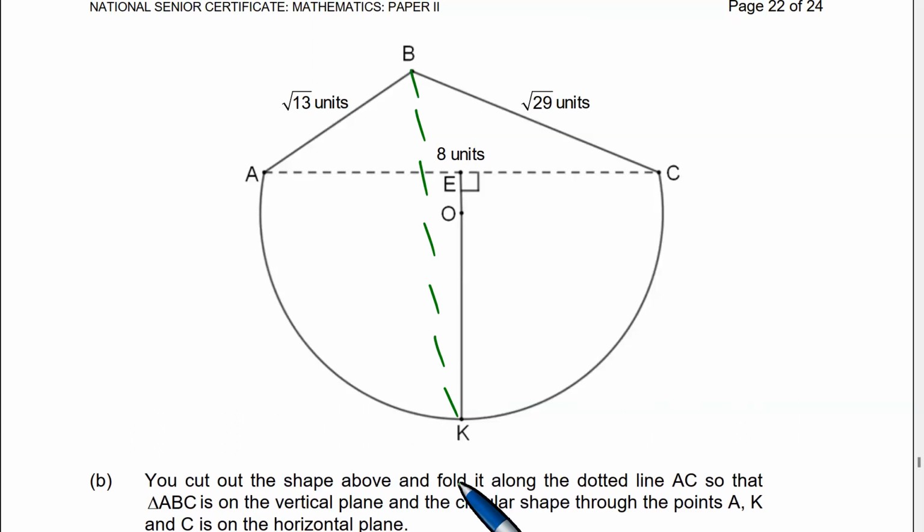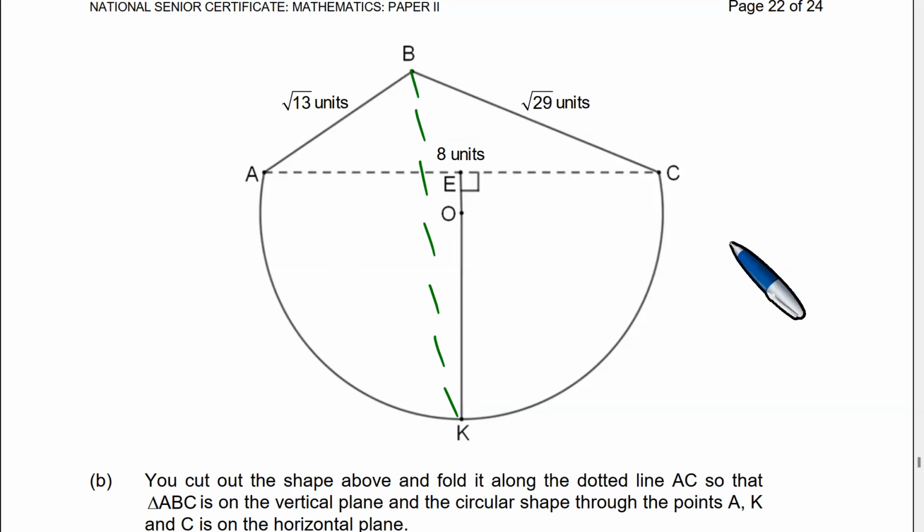What rules do we know? We're gonna use the cosine rule to find first the cosine of BAC. You must find first the cosine of BAC.